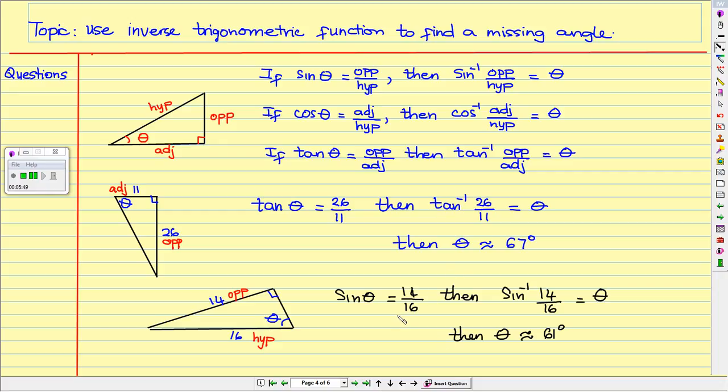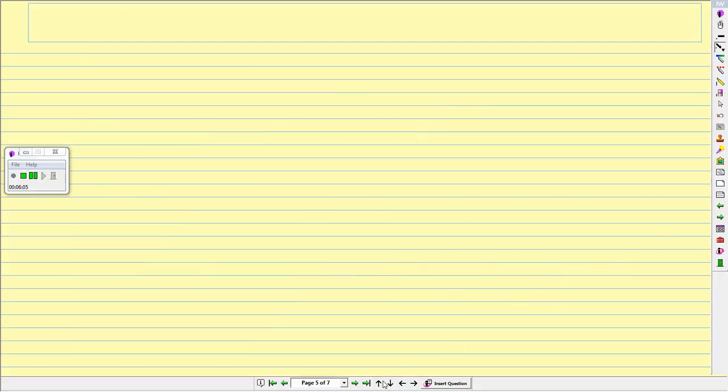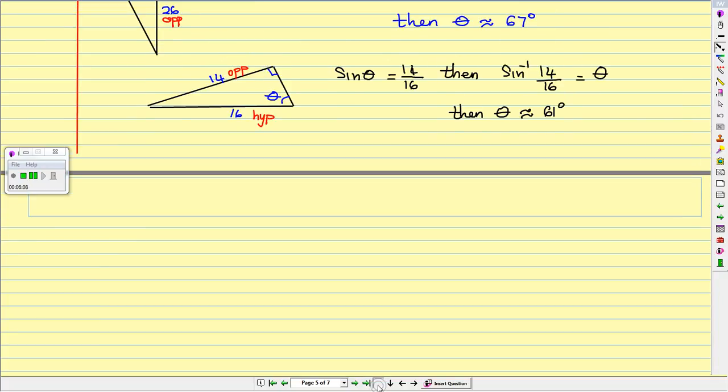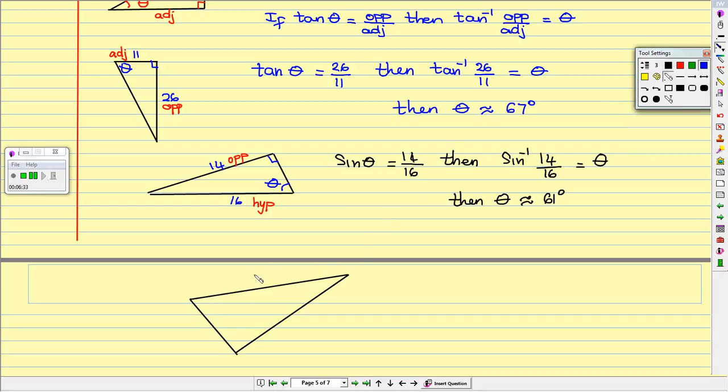Okay, let's look at the next example. So again, given a right triangle, we are asked to find the angle theta, the acute angle.